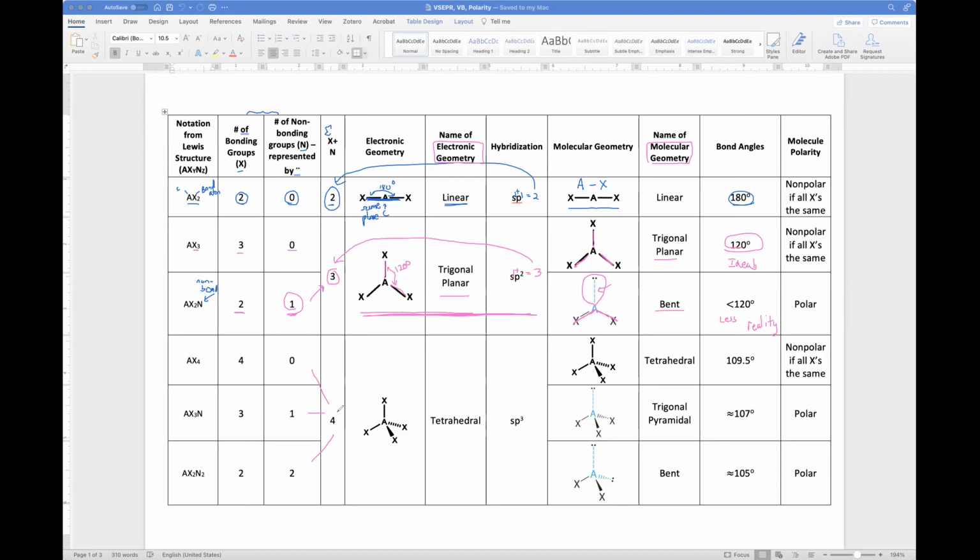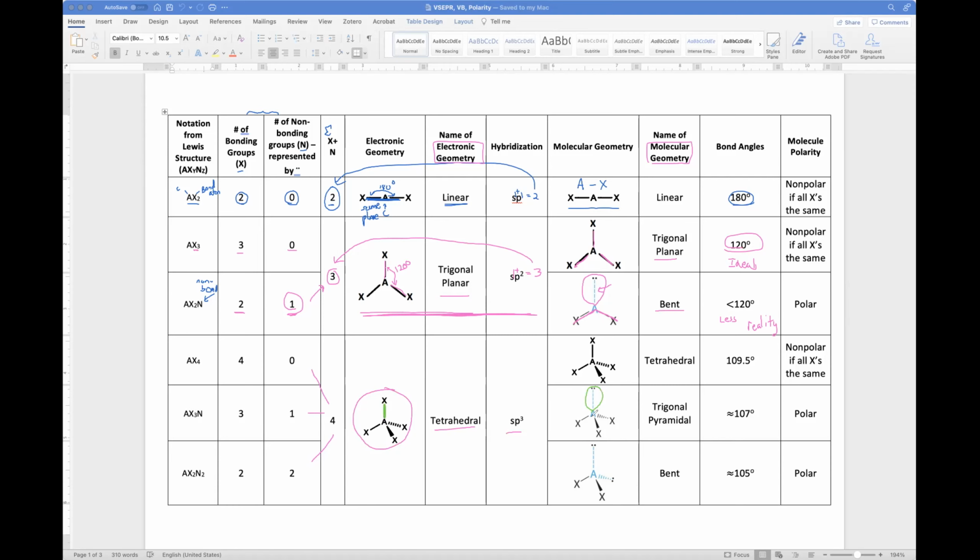But as long as you have 4 things, those 4 things are going to spread out to form a tetrahedral molecule with an sp3 hybridization. But when we describe the molecular geometry, you will notice that one of the bonds gets replaced by a lone pair.